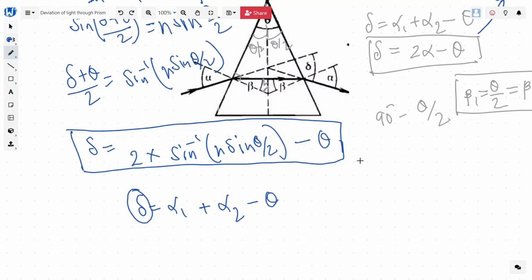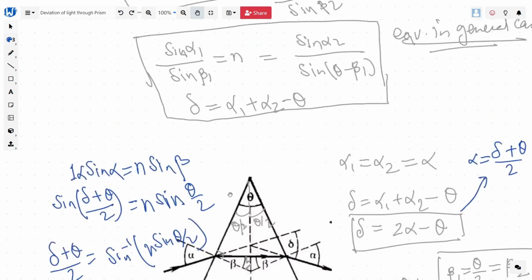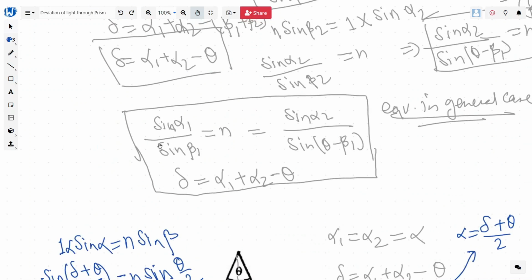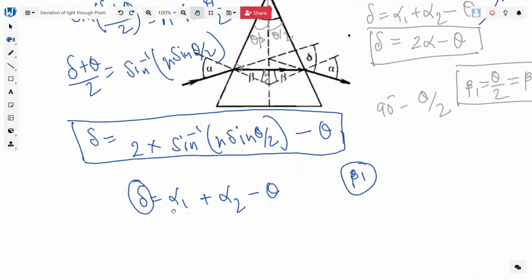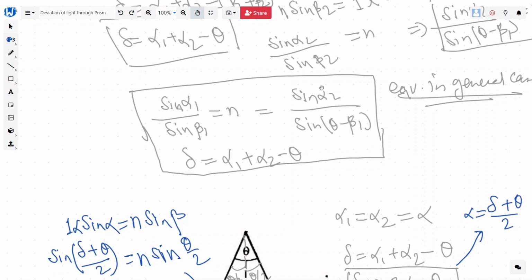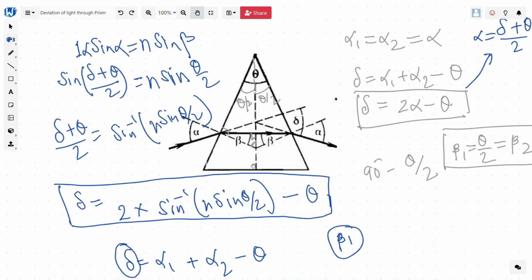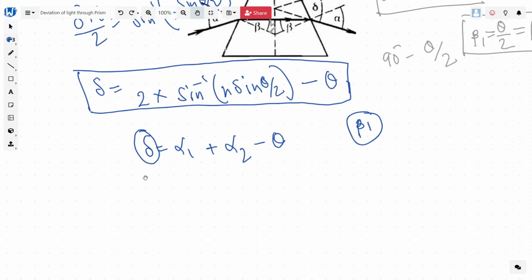Let's say we differentiate it with respect to beta 1, because we already know alpha 1 as well as alpha 2 as a function of beta 1. So we differentiate this with respect to beta 1 and make it equal to 0, by the law of calculus, to find the minimum deviation.